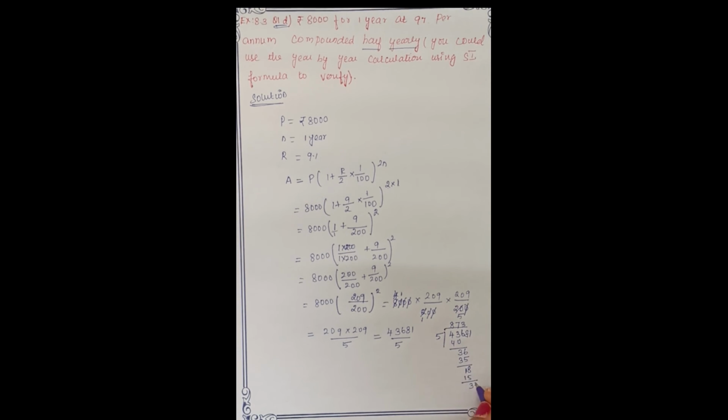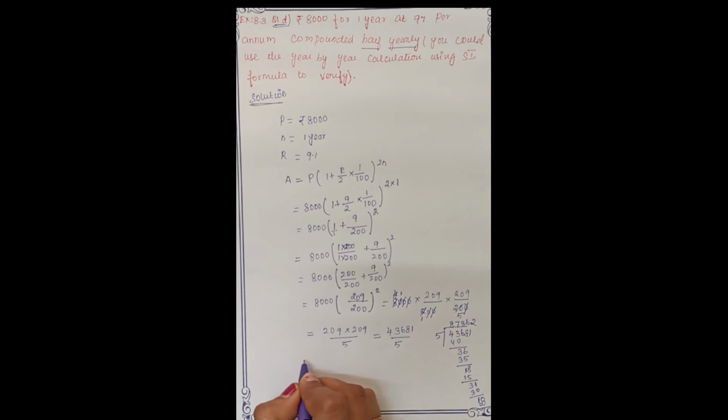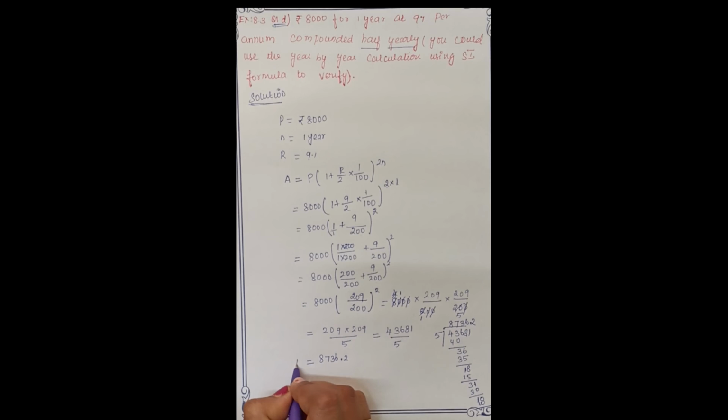And bring this one here, 31. 6 5s are 30. Now we have balance 1. So here there is no term. So keep 1 dot here and add 1 zero. So 2 5s are 10. So if we divide this, we will get our answer is 8736.2. This is the amount, and compound interest is amount minus principal.